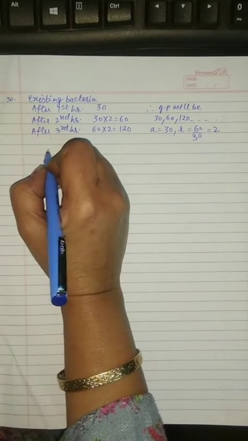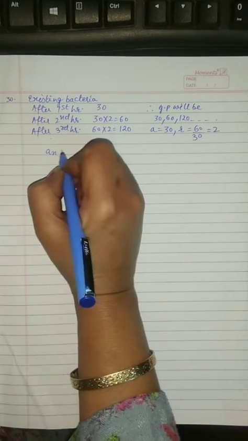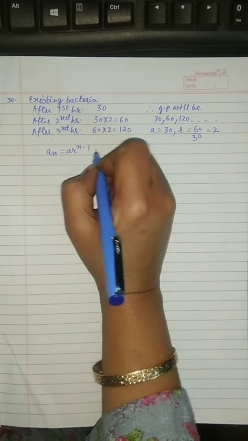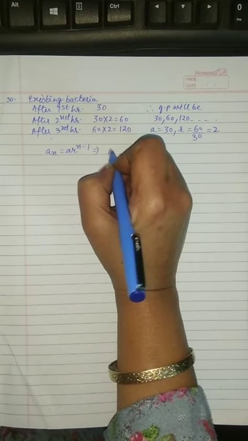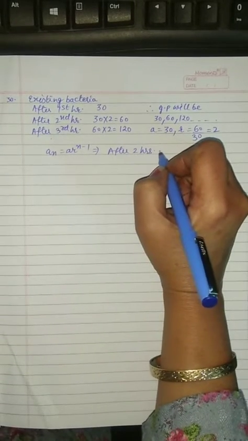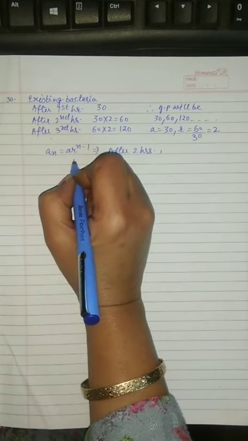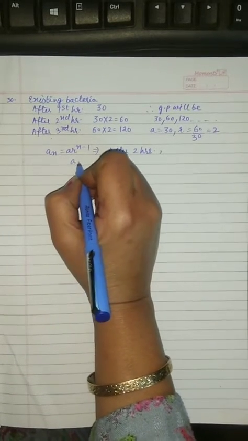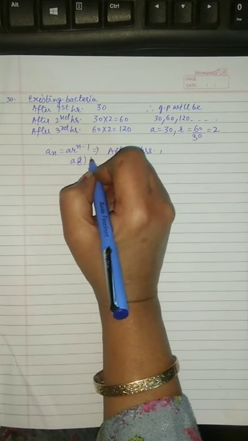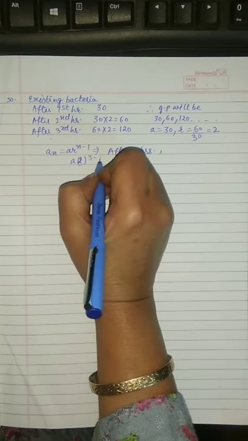So we will find A, and we know a_n is equal to A r to the power n minus 1. So after 2 hours, bacteria will be A r, after 2 hours, so it will be 2 raised to power 3 minus 1.